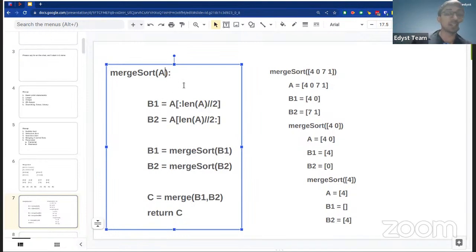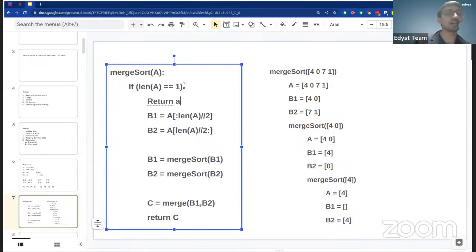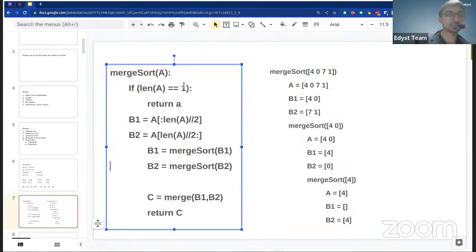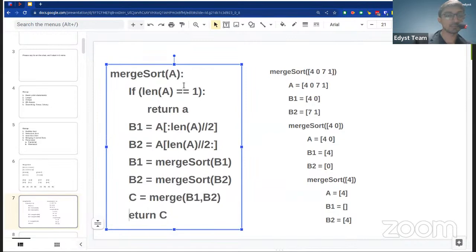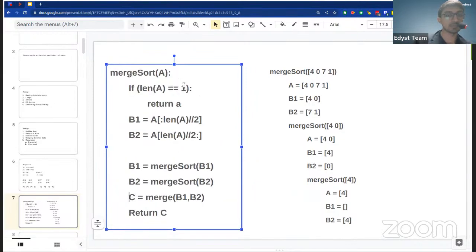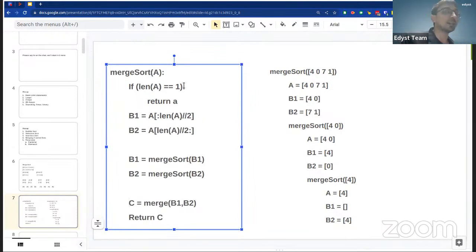Same here, we are saying if len of A is equal to 1, you just return A. Don't divide further. You just have to return A. Okay?